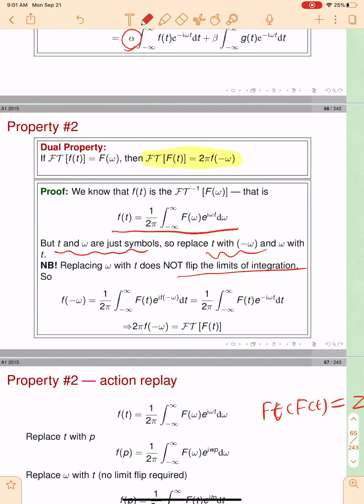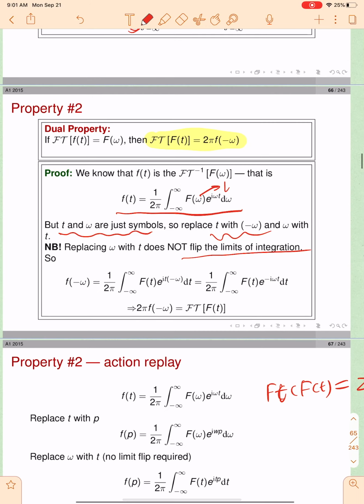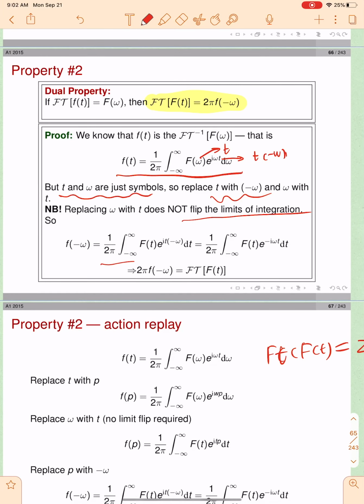Then you replace omega by t and replace t by minus omega. So you will get this expression. It looks like you are Fourier transforming F(t), but you divide it by 2 pi. So you will say you are Fourier transforming F(t).